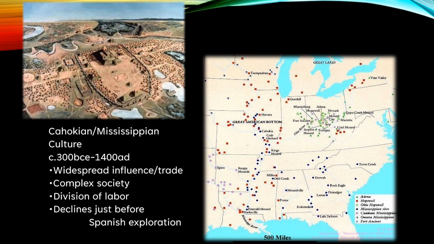And if they feel that they've been robbed or cheated, they can take it to the government and get it straightened out. So an extremely complex society, and as you can see, it's all up and down the Mississippi River Valley for over 1,000 miles. That's how influential this culture was. It's amazing.